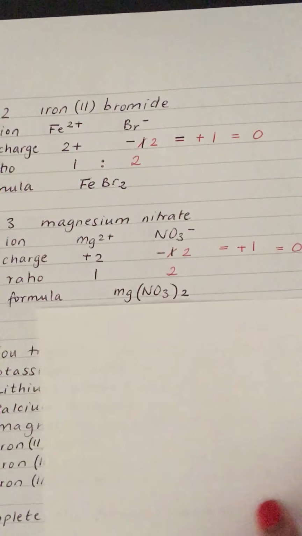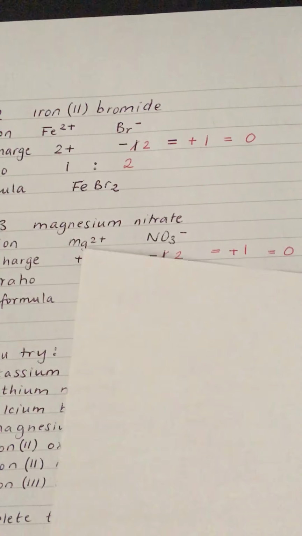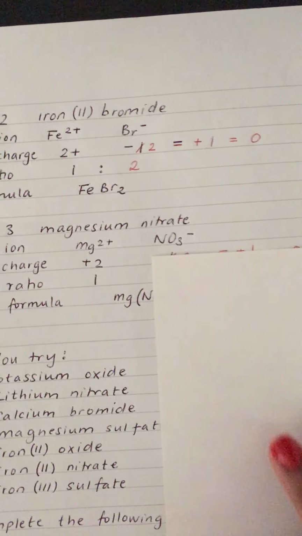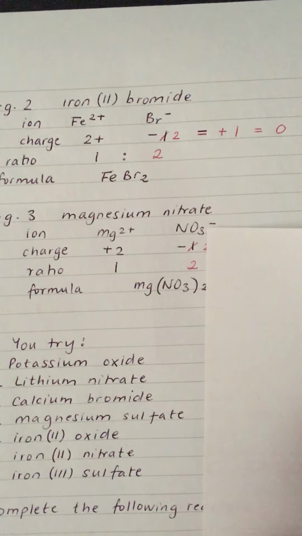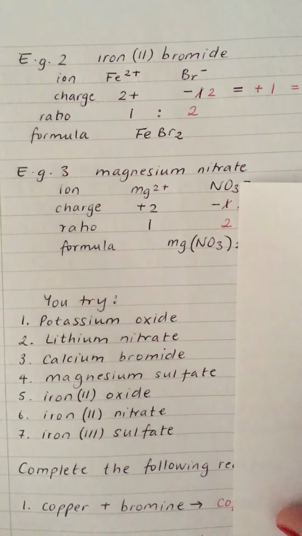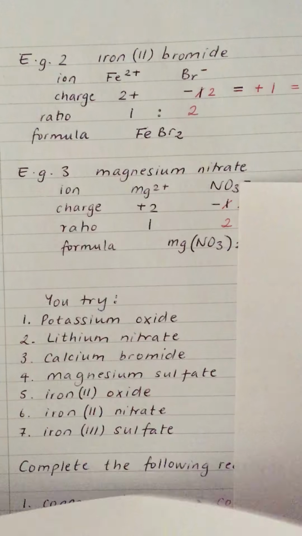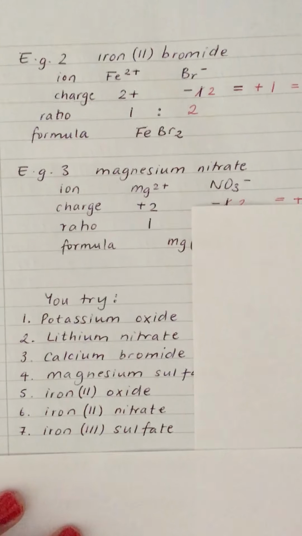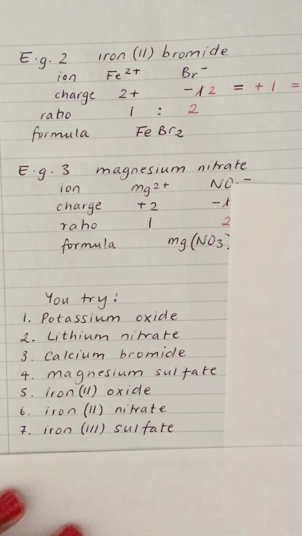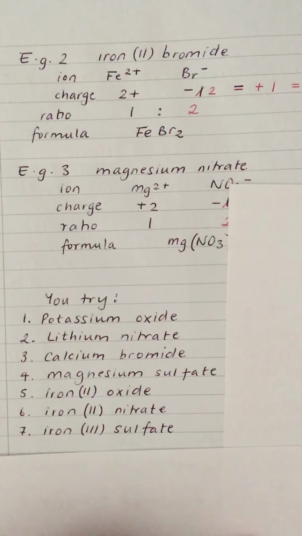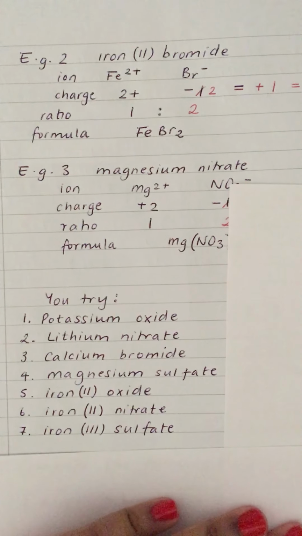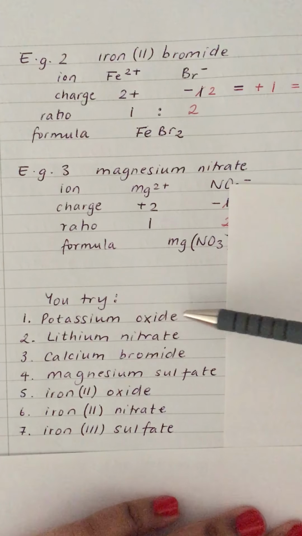Right, what I've got for you guys is some examples to try. I'm going to try and cover these answers. Yeah, so what I'd like you to do, we'll just cover this up. If you just pause and use that same structure or that same layout, work out the ions, the charge of the ions.